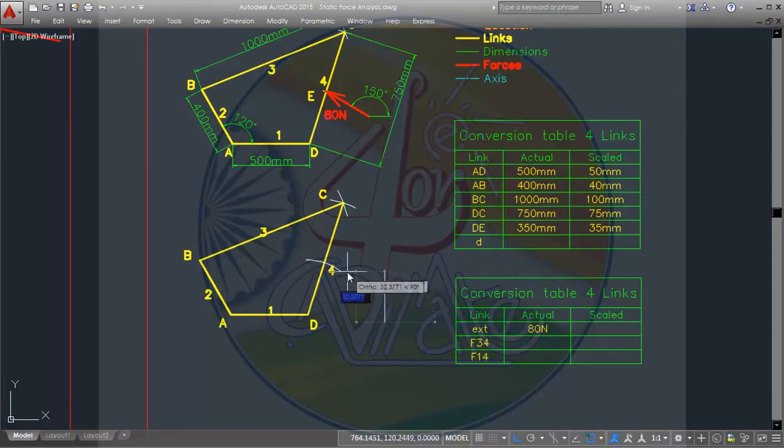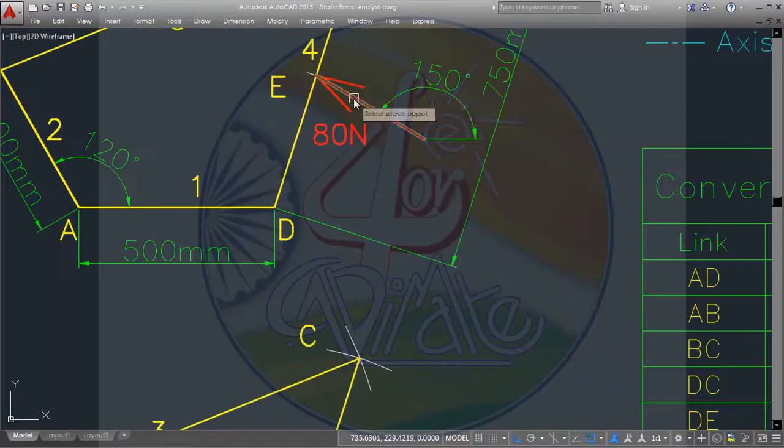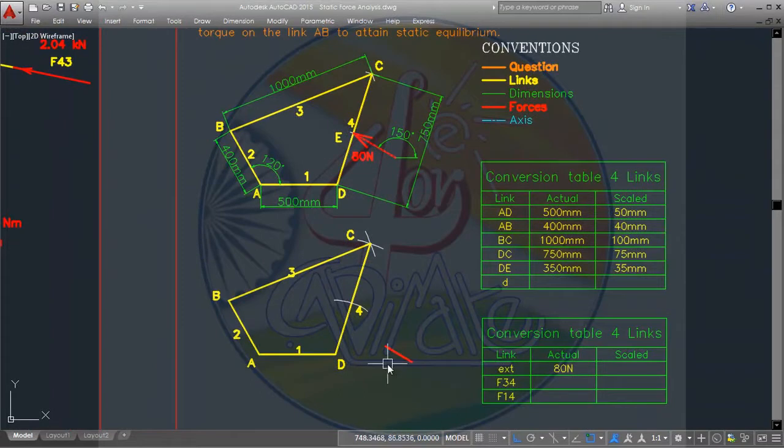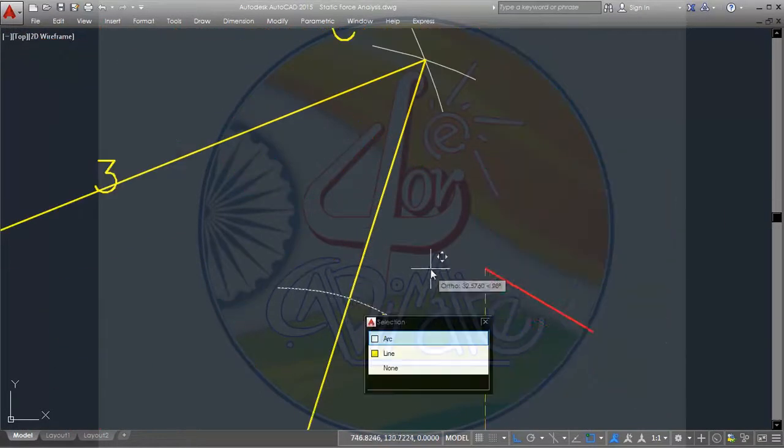Now I have to draw a line at what angle? 150. So let me take a small line at angle 150. So what is this? This is nothing but the force.